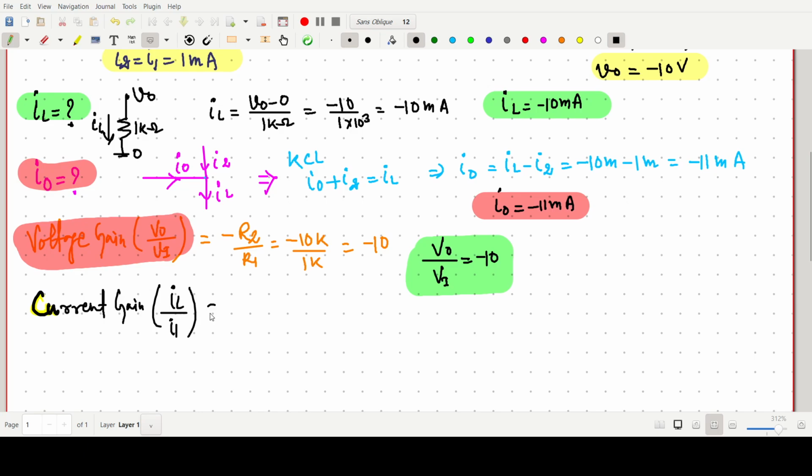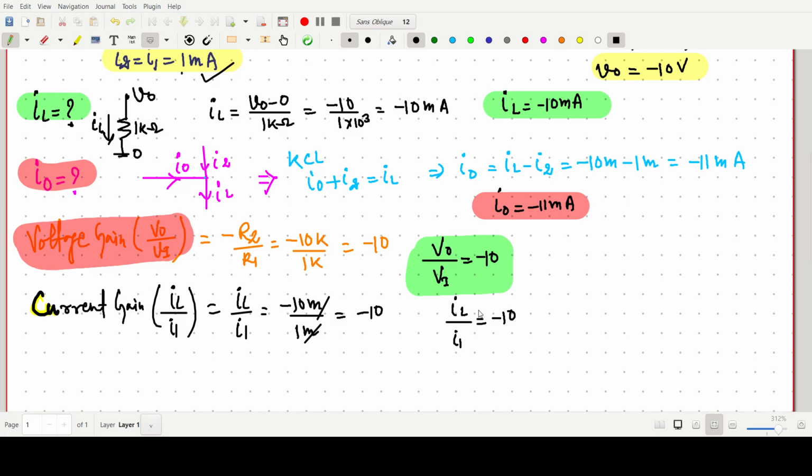So we have already found the value of IL, and I1 is known to us. IL value is minus 10 milliampere, and I1 is already found, 1 milliampere. So milli, minus 10. So the value of IL by I1 is minus 10.